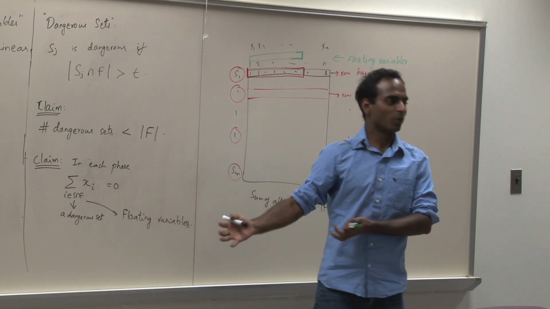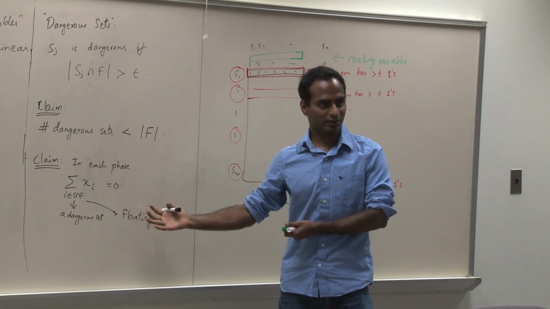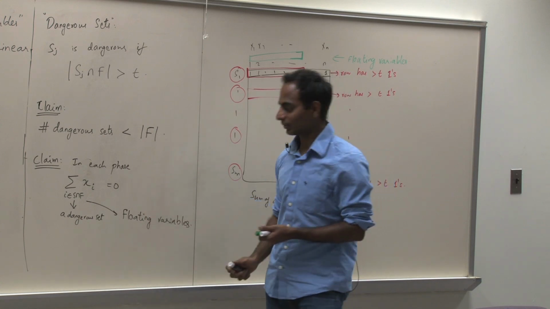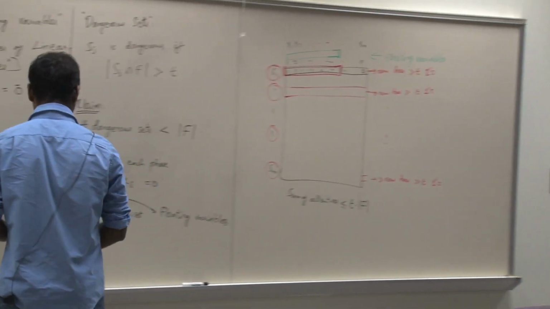Right. But I want to say, in fact, there exist more solutions than just the all zeros vector. Okay. And that will be the last claim which we will use throughout.